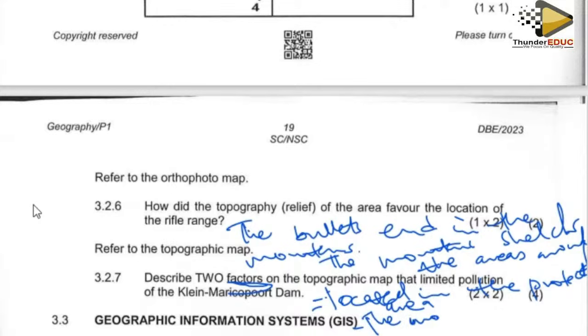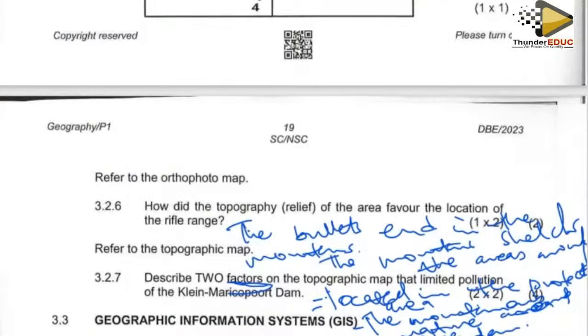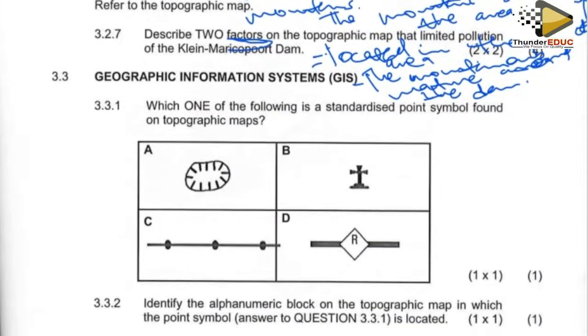Number two, the mountainous nature around the dam. That means it limits people's settlement. Therefore, there will be less pollution in the area or on the dam.